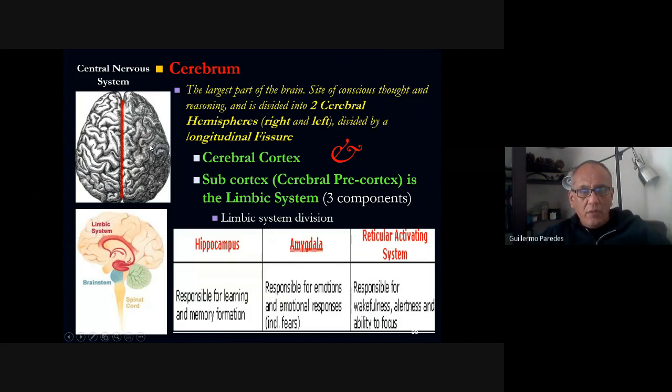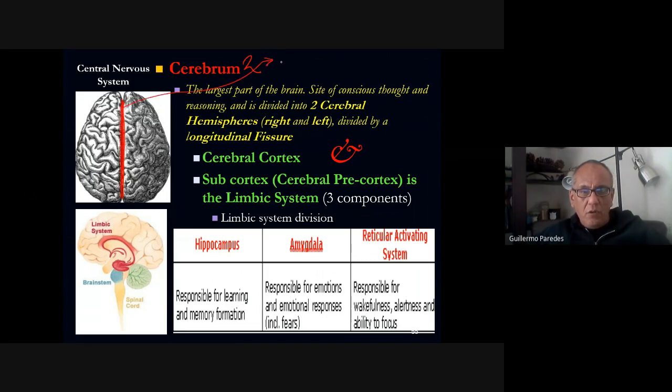All right, so tell me one thing. This is the cerebrum. How many cerebrums do we have? Two cerebrums, okay? And here we have a fissure. It's like a separation between the right and the left hemisphere.